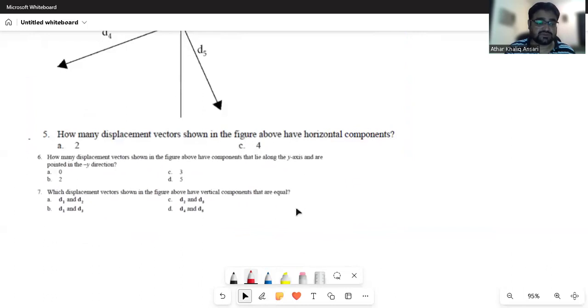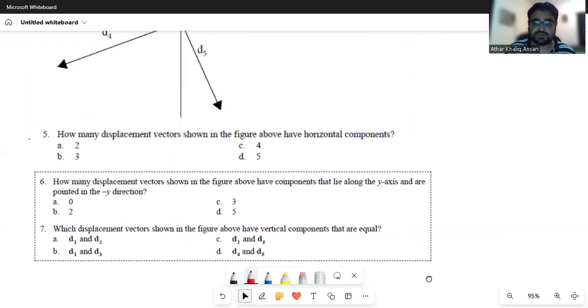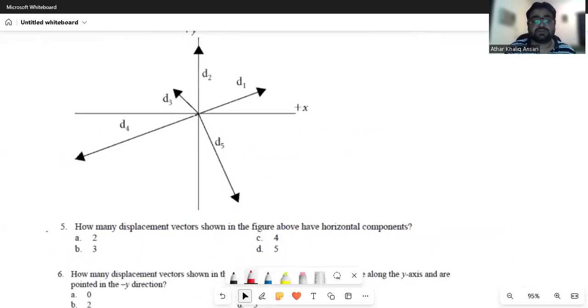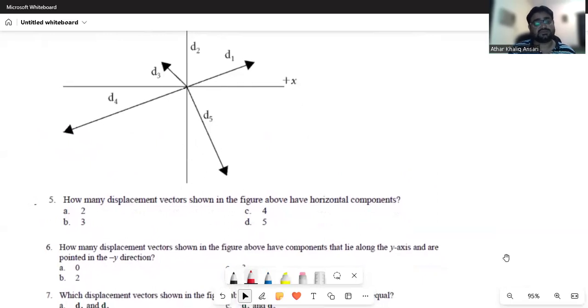We can check the values of these. The first question, number 5, asks how many displacement vectors shown in the figure above have a horizontal component.